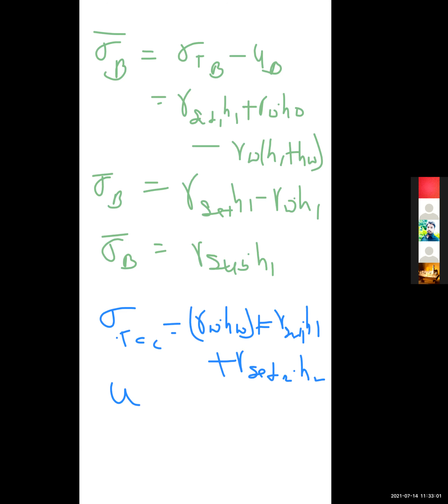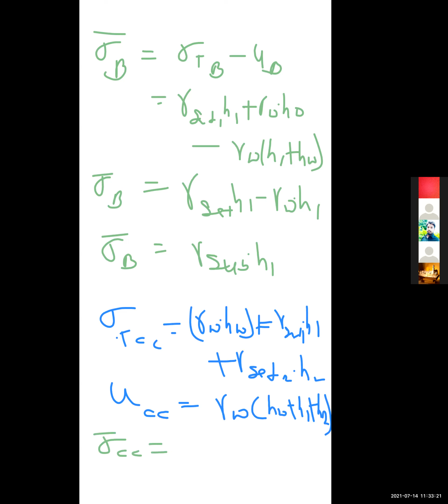And what is the pore water pressure at C? Pore water pressure at C is gamma W into HW plus H1 plus H2. Clear?